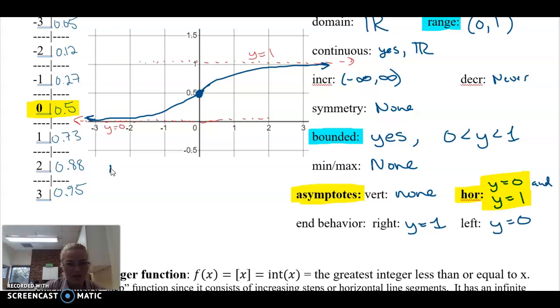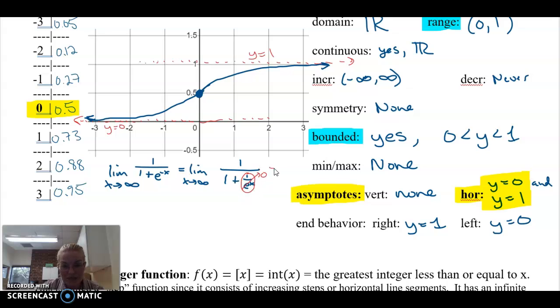So if I were to look at the limit as x goes to infinity of my function, 1 over 1 plus e to the -x, it might be helpful to remember, I'm going to rewrite this: the limit as x goes to infinity of 1 over 1 plus, well, e to the -x, that's the same thing as 1 over e to the x. So now think about it. When you plug infinity into a denominator, e to the infinity is going to be an infinitely big number. 1 over a really, really big number, this whole thing essentially is approaching 0.